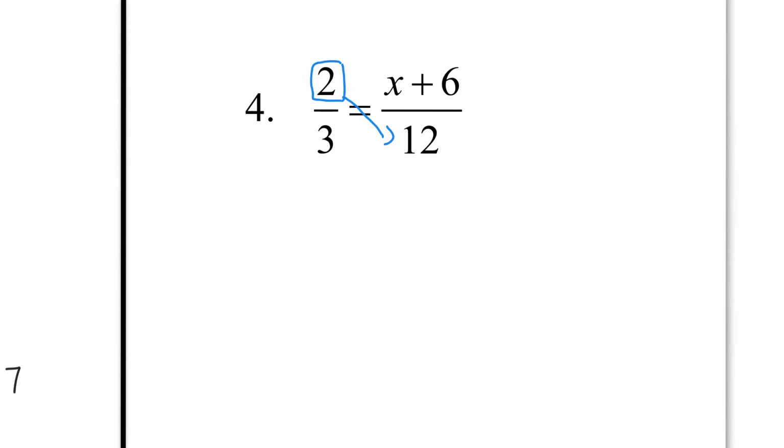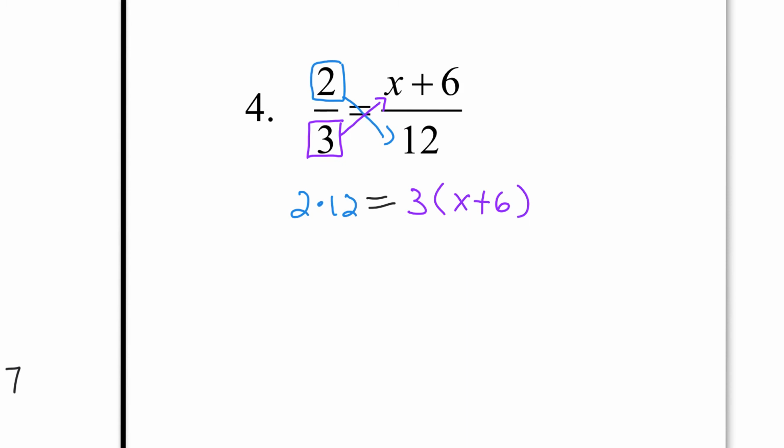That's because it is a proportion. So I'm going to have 2 times 12, and then I bring down the equal sign, and now I'm going to multiply the 3 times the binomial up here, the x plus 6. So you cross multiply. You have the 3, parentheses, and you put x plus 6 inside of the parentheses.